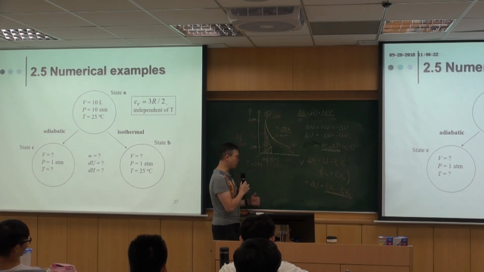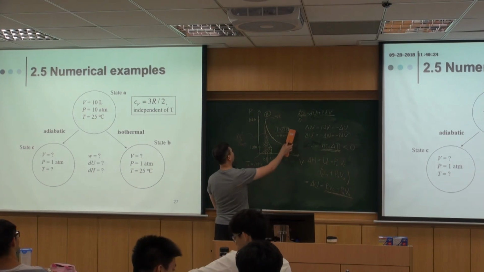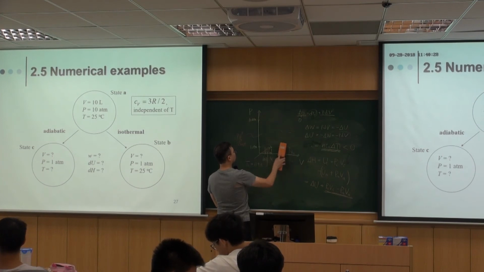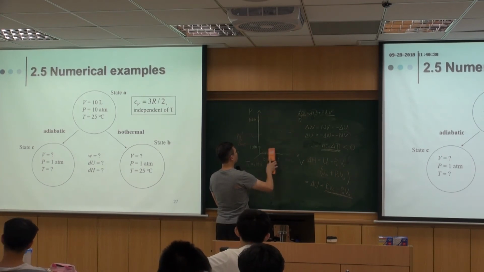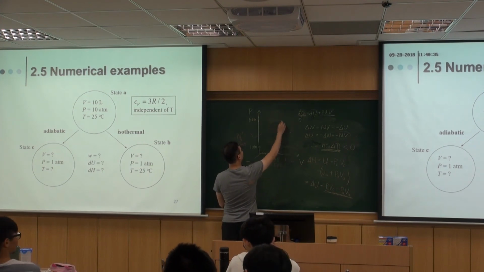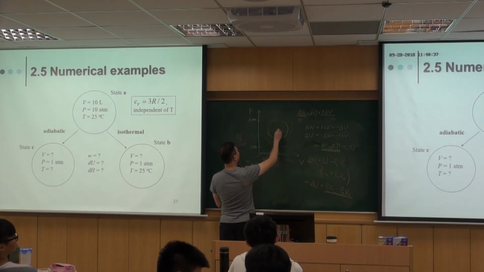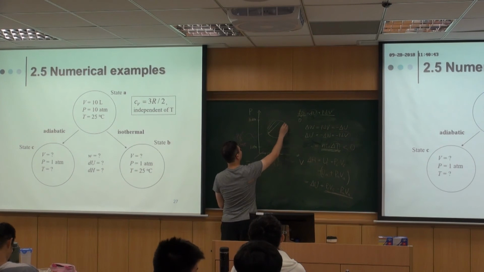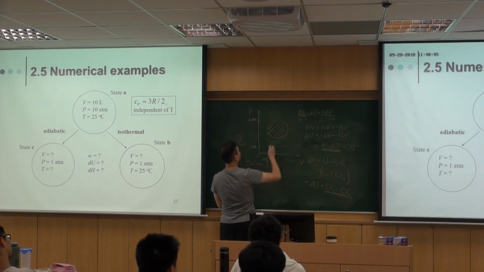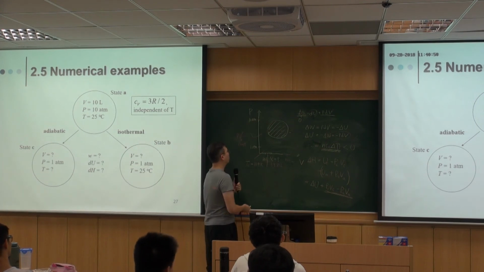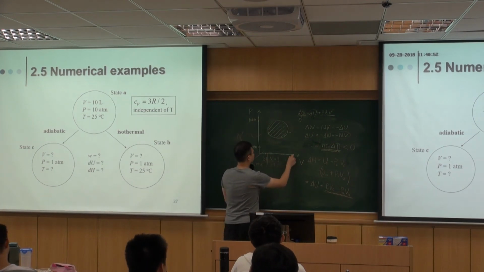There are some other more complicated paths in the problem sets. For instance, you might see something like this. Maybe it's a circle. But again, if it's a circle and you want to calculate the work, you should know that it's just the area within this circle, and you know how to calculate the area of a circle. So it should be pretty straightforward.